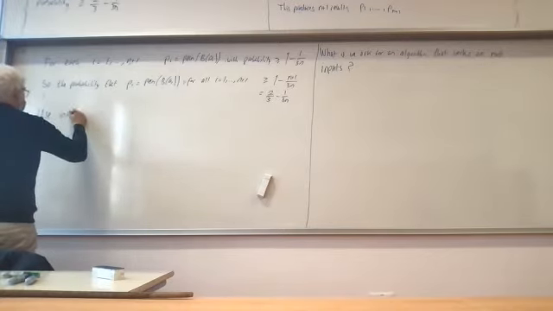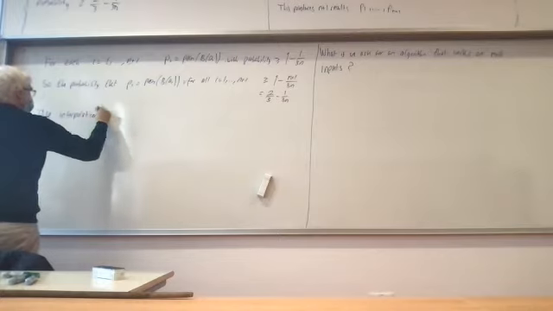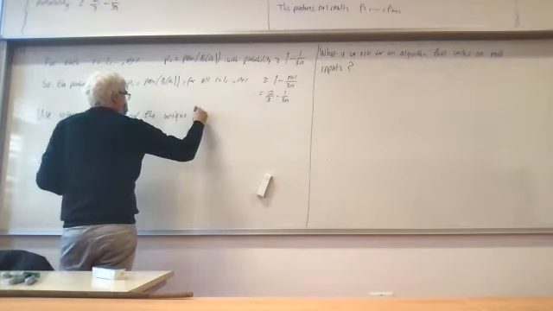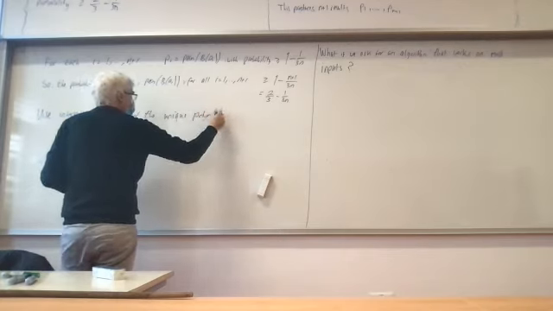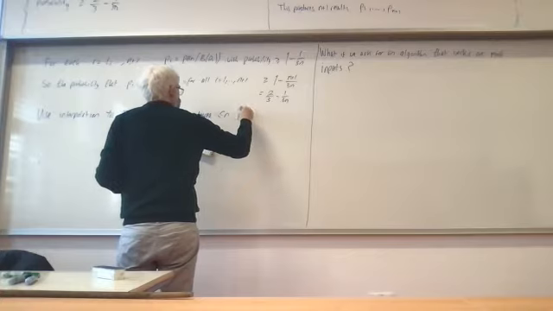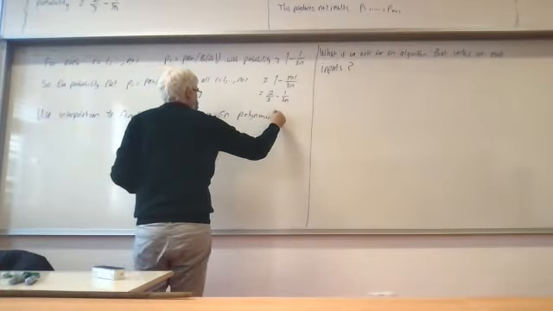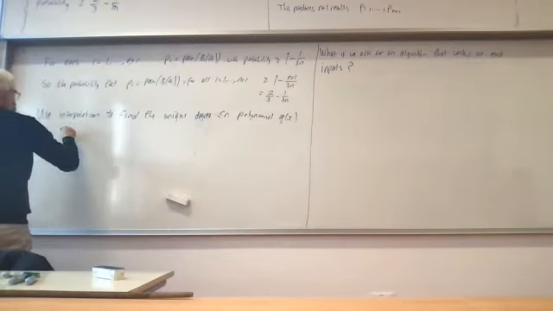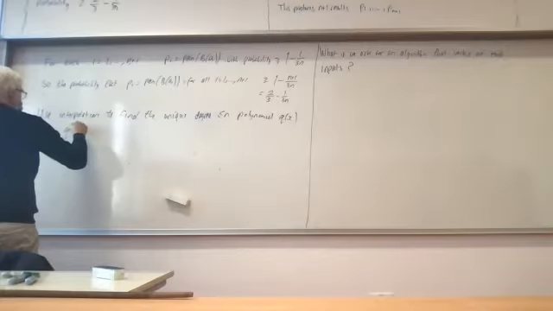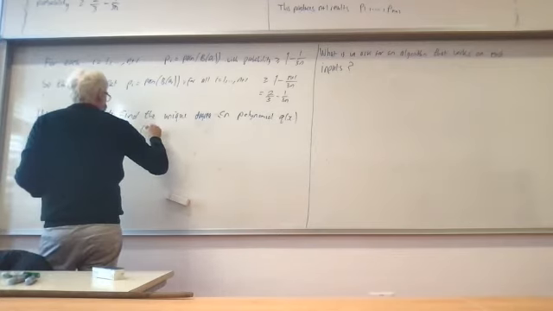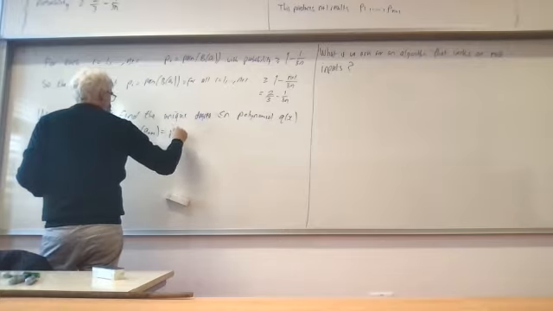So I use interpolation to find the unique degree n polynomial q(x) such that q(a1) equals p1 and so on, q(a n plus 1) equals p n plus 1.